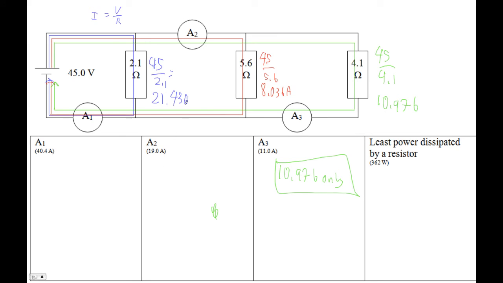So A2 is going to read this current, which is 8.036, and this current, which is 10.976. So it's going to be the sum of that, 8.036 plus 10.976, which is 19.012.